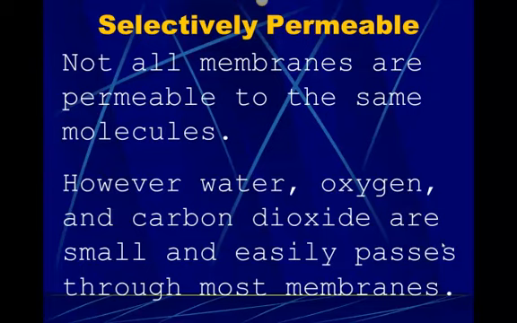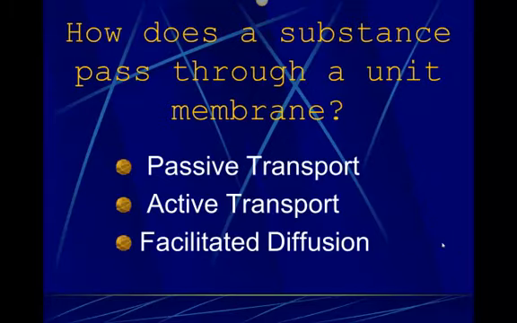Those will easily pass through almost all. But with the other materials, it depends upon the type of cell. Just like with the nucleus, the DNA can't move out of the nucleus. It can't move through that nuclear membrane, which is a unit membrane. So not all membranes are permeable to the same molecules.